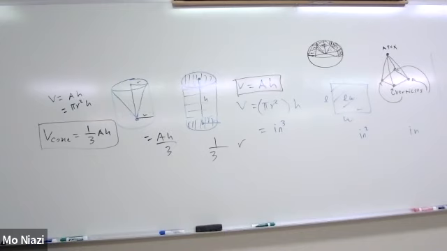But what they're saying is, imagine if we stuffed it with infinitely small pyramids. The smaller the pyramids, the smaller their bases, and then the shape would look more and more smooth. And so in the limit, as the number of pyramids approaches infinity, your approximation will go towards 100% accuracy.